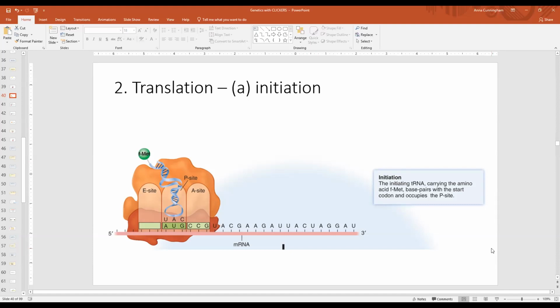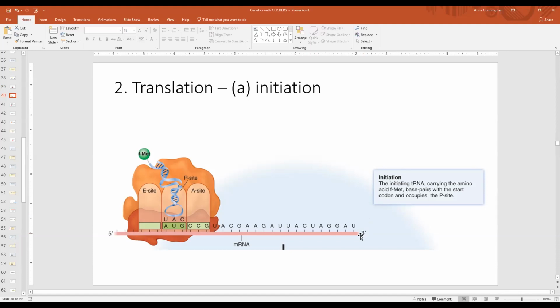To orient you to this picture, you can see that our mRNA is shown in pink, and it is 5' to 3'.